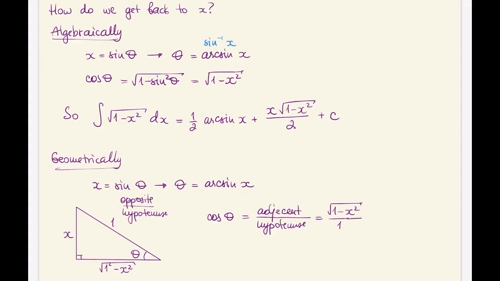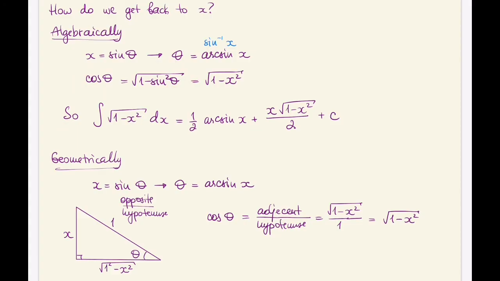Now here, dividing by 1 isn't really doing anything, so this is simply equal to the square root of 1 minus x squared. And so I end up, of course, with the same expression for cosine as I did using the basic trigonometric identity. And this is really just another way of thinking about the basic trigonometric identity. It's really Pythagoras' theorem in a slightly different written form.